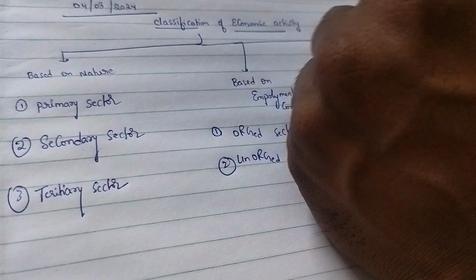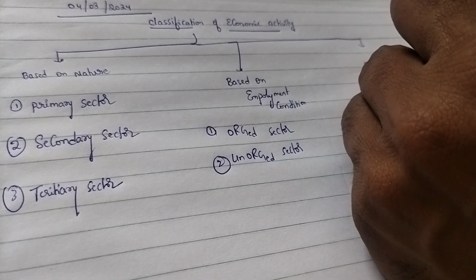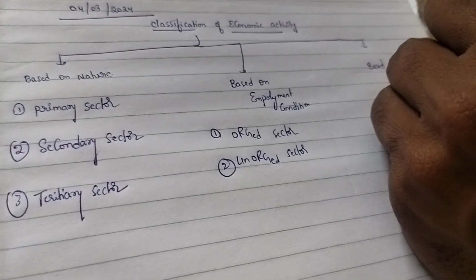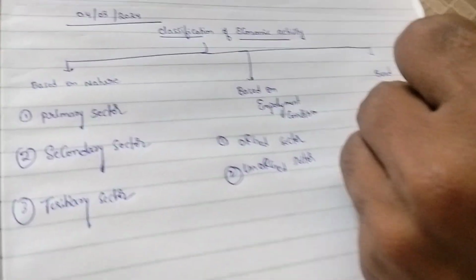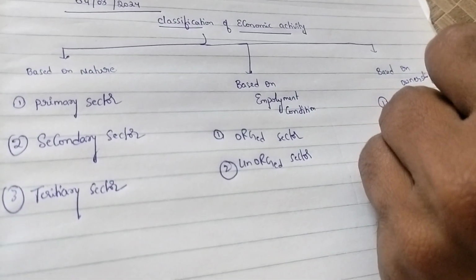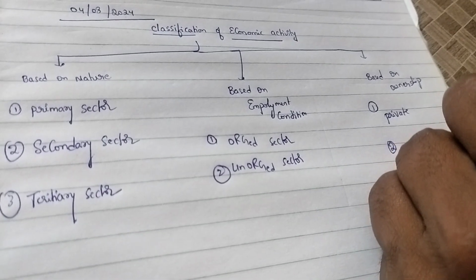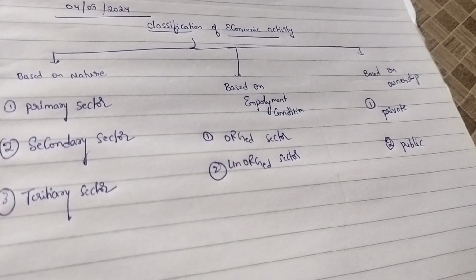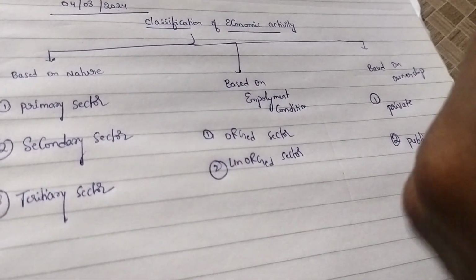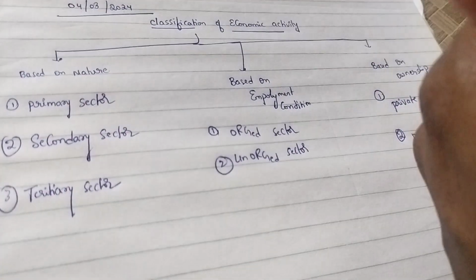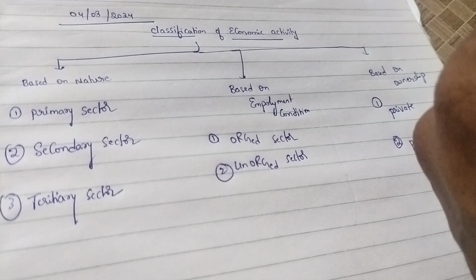Next, based on ownership, economic activities are classified into private as well as public ownership. Any type of organization or actor will boost the national income, which is determined by one term, that is GDP.